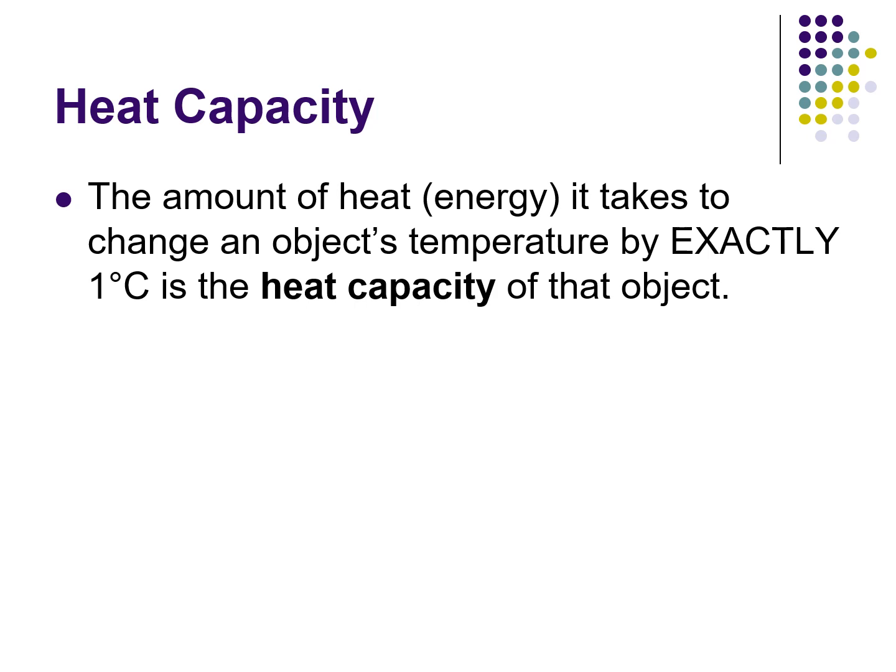What we generally see is that the larger the heat capacity is, the more energy it takes to raise the temperature of that object. So one very common way to think about this is that the larger an object's heat capacity is, the harder it is to change its temperature, either to raise it or to lower it.